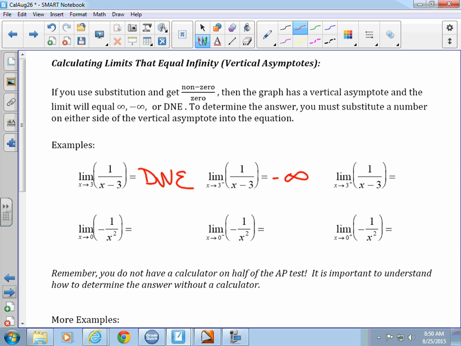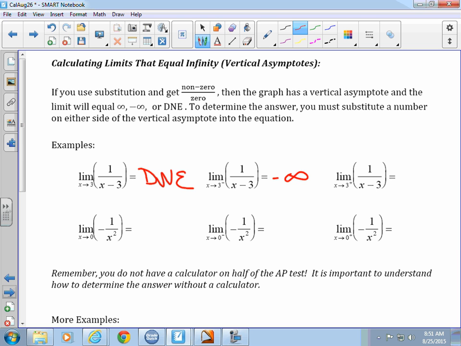I even talked about getting teeny tiny and getting really big when you divide by a teeny tiny number. But you already know that because it's a vertical asymptote. So as soon as you know that it's a vertical asymptote, all you really have to decide is what's the sign from the left. Does that make sense? Remember, this is a non-calculator question.